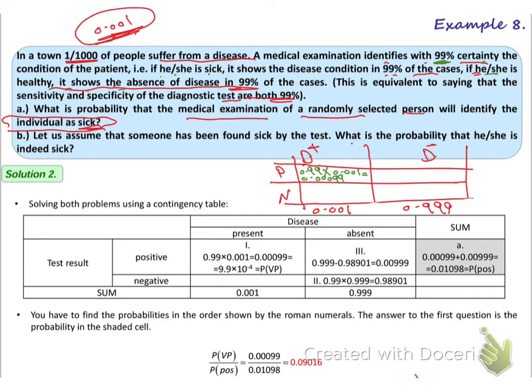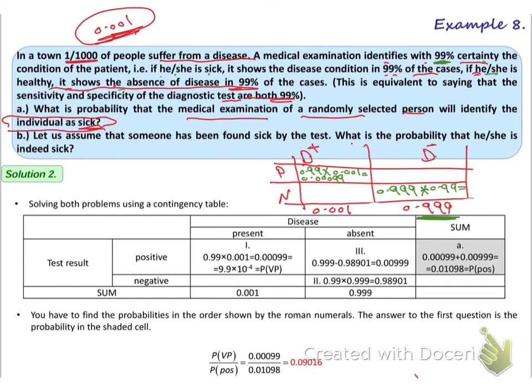If they are healthy, it should show 0.999 negative, but in reality, it doesn't show this percent. What it shows is 99% of this only, 0.99. It should show that it doesn't have the disease and shows negative, but it shows 99% of it only.